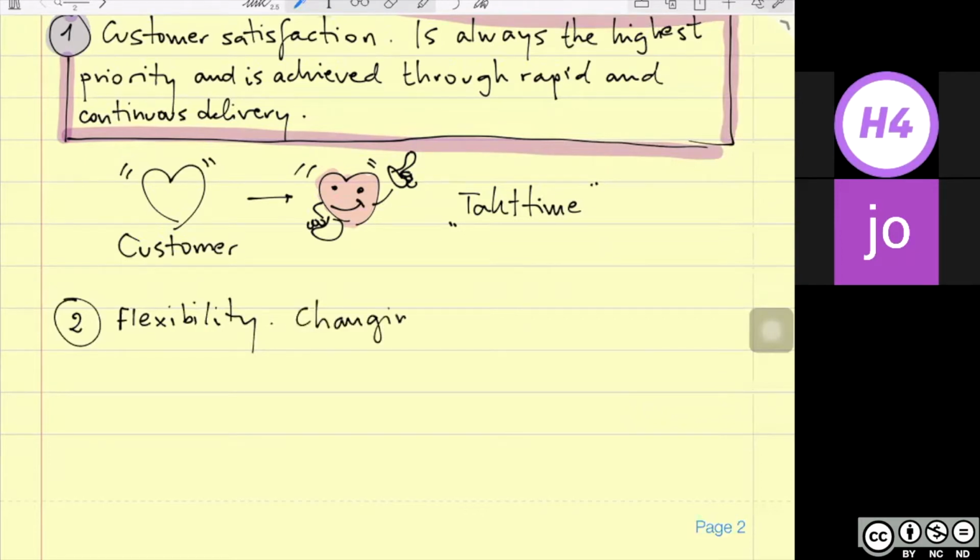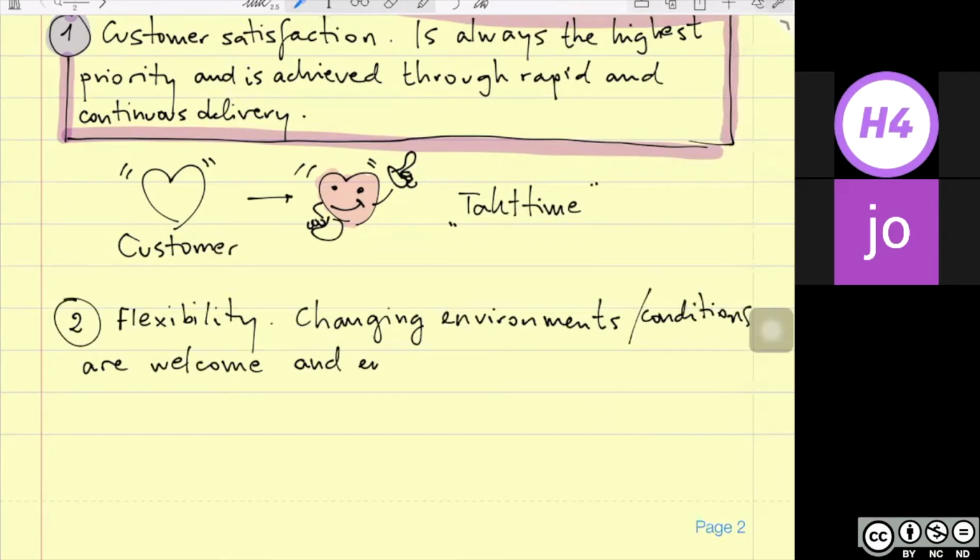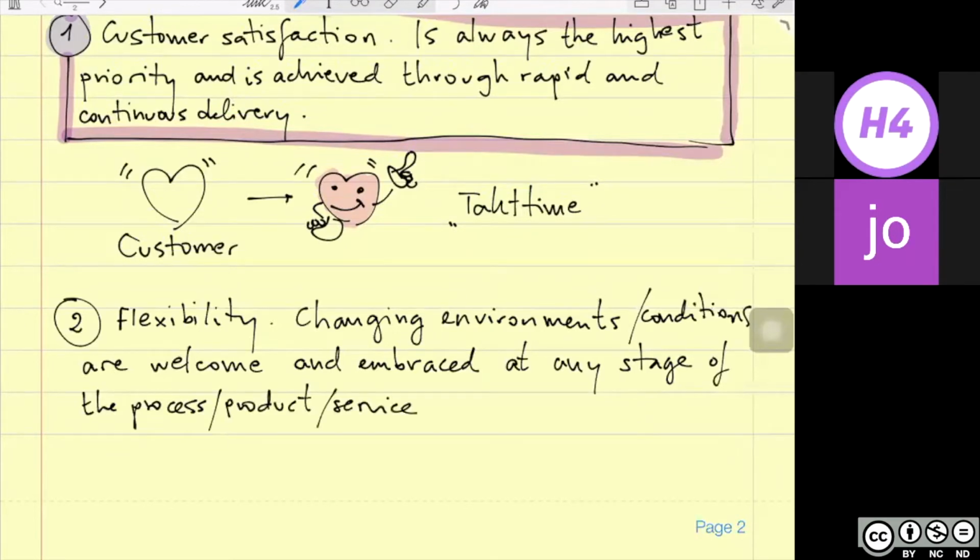Changing environments or conditions are welcome and embraced at any stage of the process, product, or service to provide the customer with a competitive advantage.